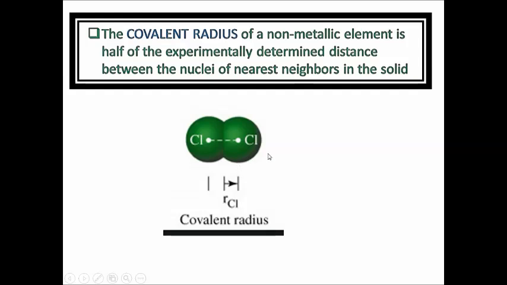We have taken the example of chlorine. When we have two chlorine atoms, they share electrons with each other, making a covalent bond. Each chlorine atom has a nucleus, and the distance between them is the covalent radius.